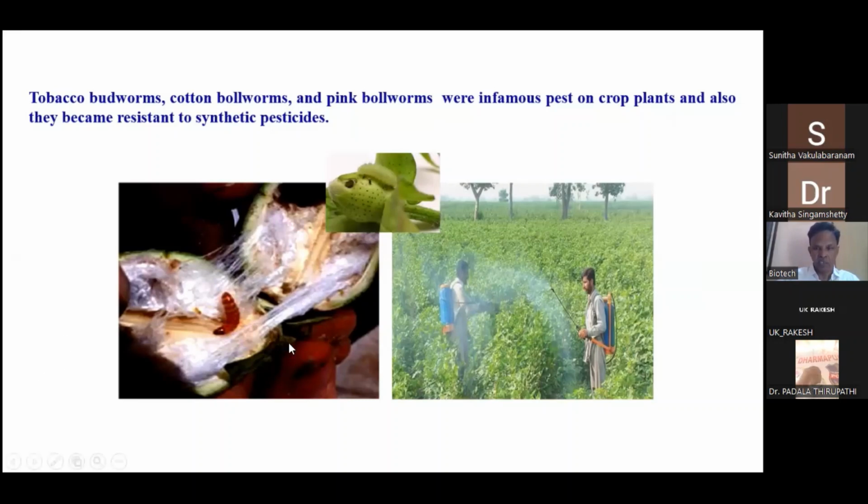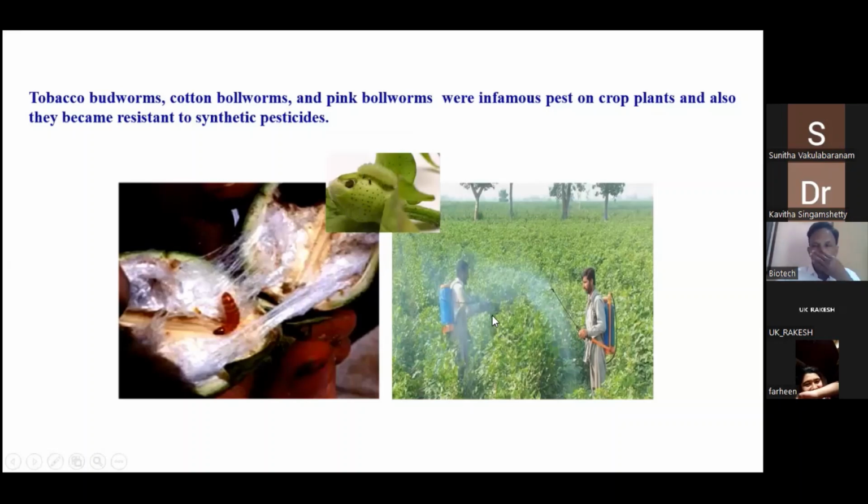So this has a lot of impact on the environment because there is no use of these synthetic pesticides in controlling these larvae. Instead, they are polluting the environment because they use excess pesticide, more than the dose needed. So these larvae have escaped the pesticide and the loss continued still.